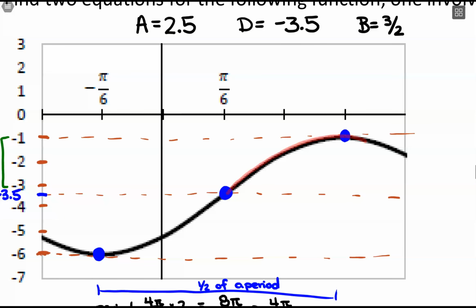We would go up and down and back up, just like sine would. So what happened is there was a phase shift, though. Sine would be beginning right here, but we had a phase shift, and the movement is going to the right. So we picked it up and moved it to the right, a distance of pi/6.